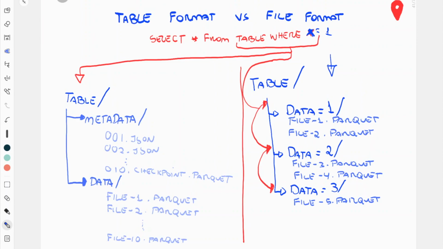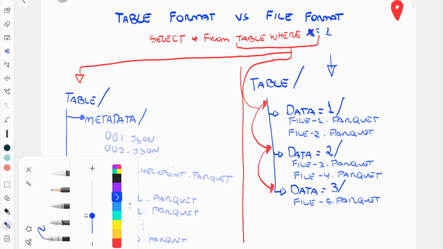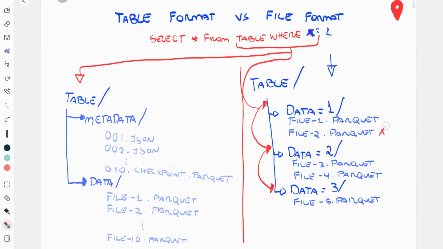So the partition not being x, you have to go through all of the partitions to find all of the data that have x equals 1. So let's say in here we have a row that has 2, and here 2, and here 2. So you have to retrieve data from all of these files. And this is a pretty small example.